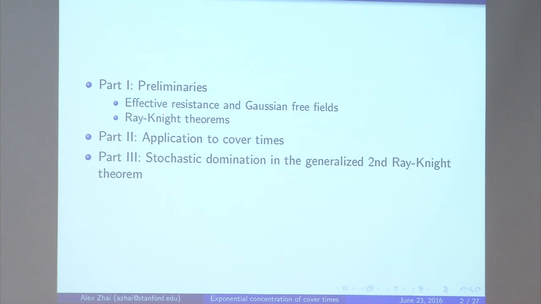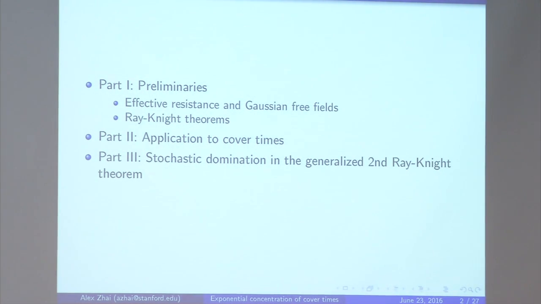Then in the second part, I'm going to be following the work of Jian Ding, James Lee, and Yuval Peres, who were the first to figure out how to use these Ray-Knight theorems to relate cover times to Gaussian free fields. But in that part, we're going to encounter a certain obstacle.